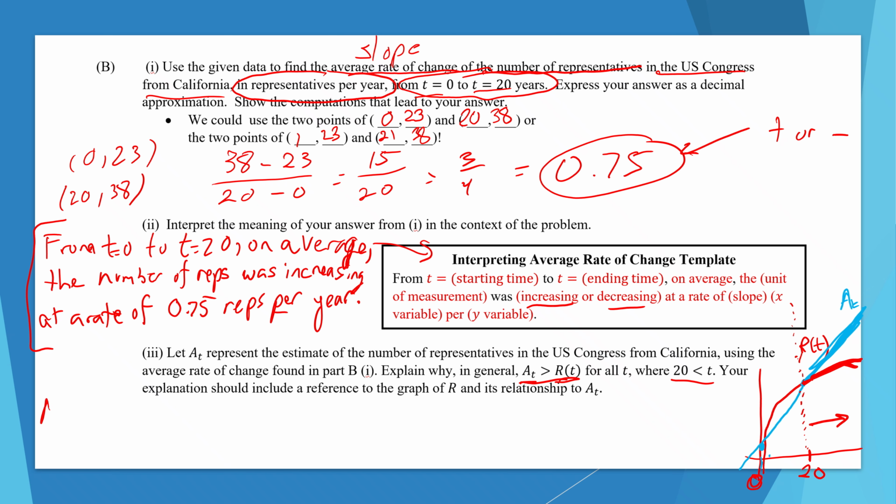So we want to say A of t is going to be bigger than R of t when t is bigger than 20, and then because, and we want to mention two things. The first thing is the concavity of our regression model. So R of t is concave, and then in this case down.